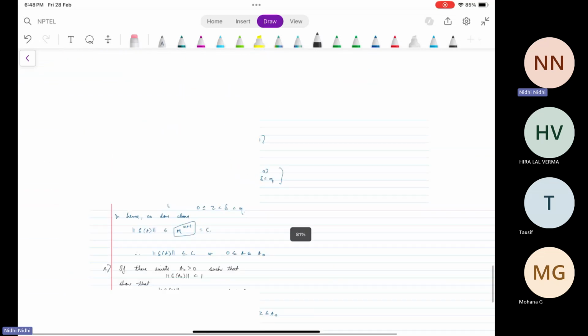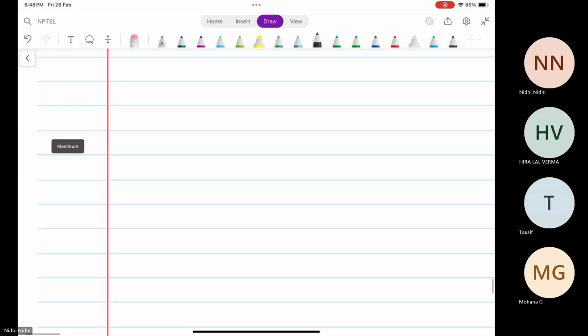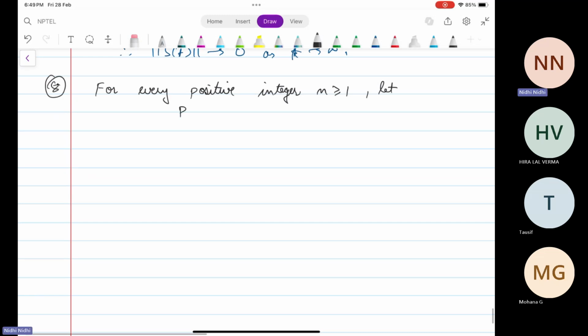Question number 8. It has a big setup. For every positive integer n greater than or equal to 1, let P_n greater than or equal to 2 be a positive integer.